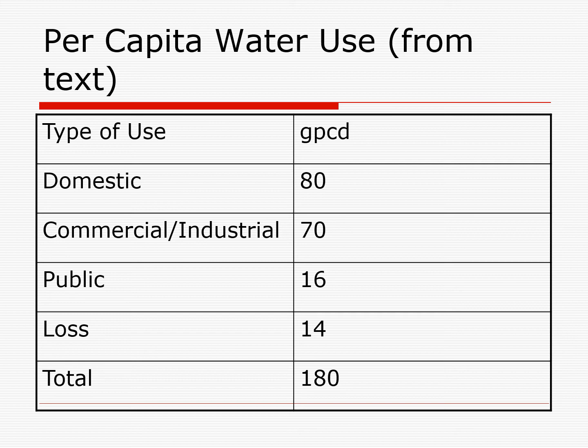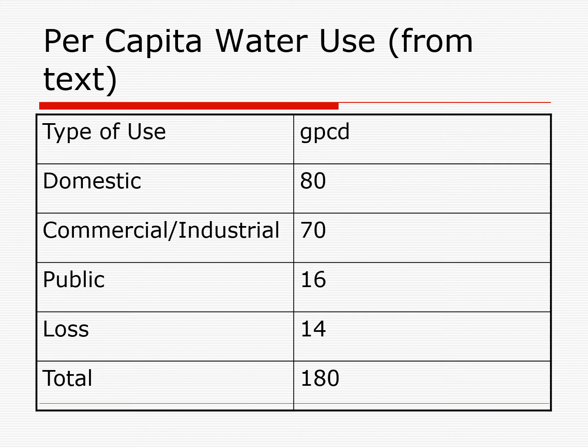Domestic water use is figured to be 80 gallons per capita per day, or basically 80 gallons per person per day. Commercial industrial is approximately 7 gallons per person per day. Public water use is approximately 16 gallons per day, and loss is about 14 gallons a day. So the total water use per capita is 180 gallons per day.